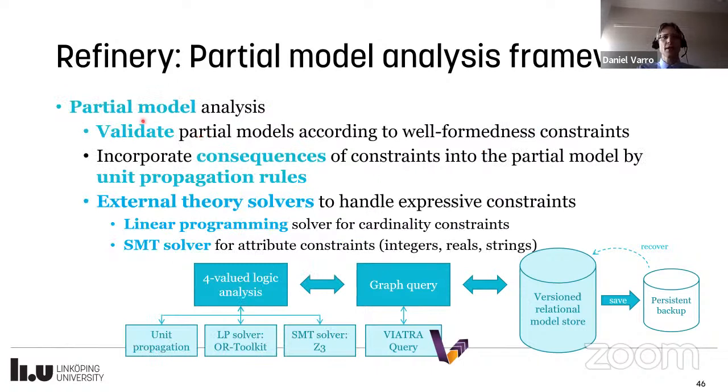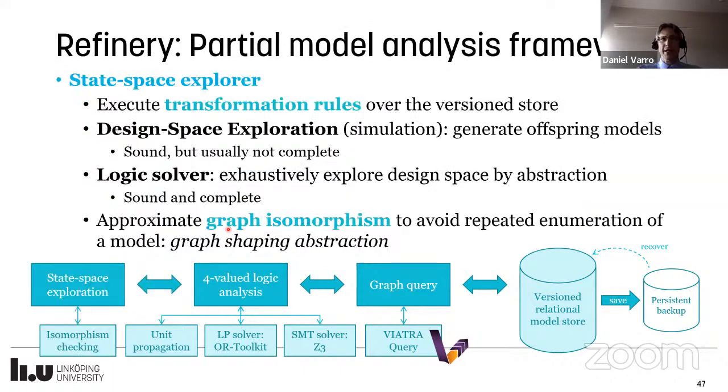We can do partial model analysis for validating well-formedness constraints, but we also tolerate inconsistencies in a way that detected inconsistencies wouldn't crash the models. You could still save the models, you could still work with the models, and they would be interpreted semantically by four-valued logic analysis. We also integrate various kinds of logic solvers for that.